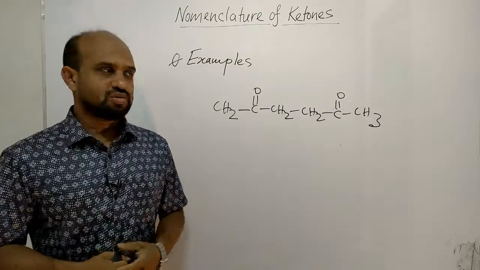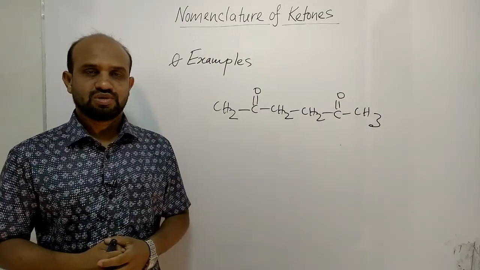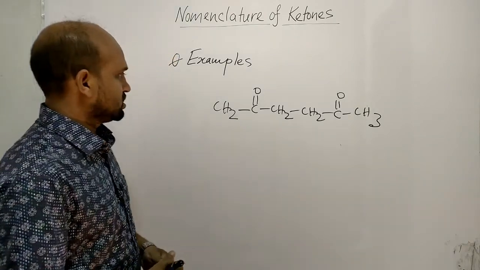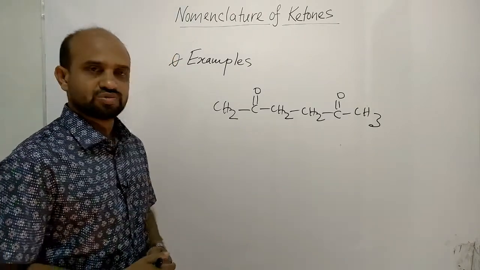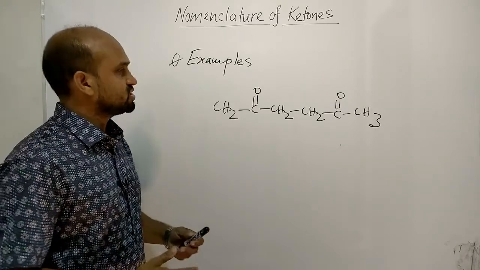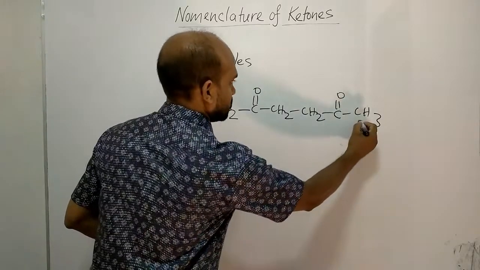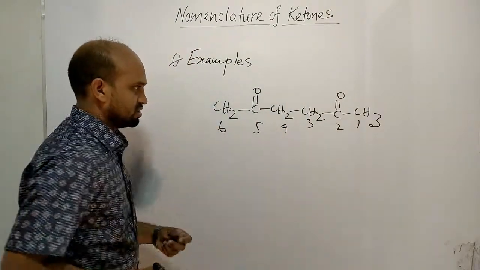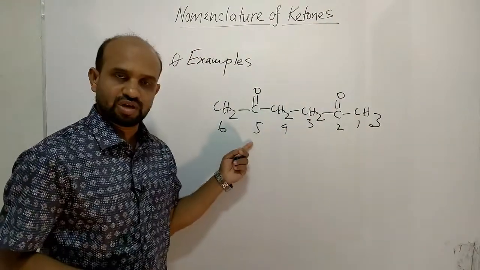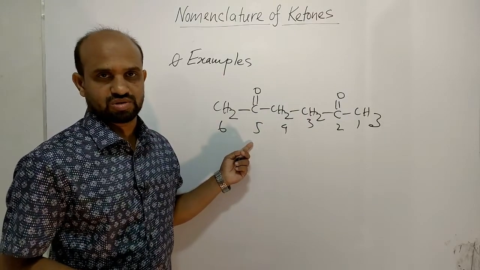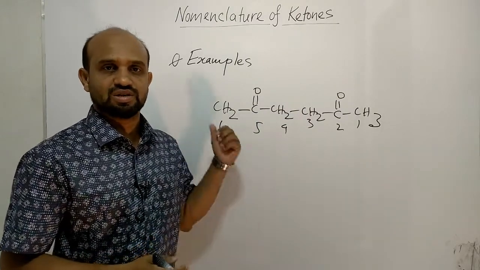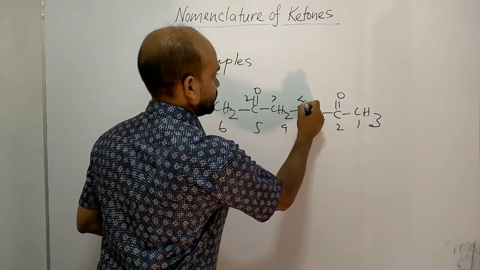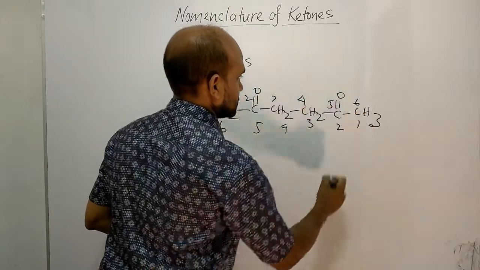The point is now examples. Let's say the name of the first example. This is the compound. Here carbon atoms are numbered. If it is numbered from the left, then 1, 2, 3, 4, 5, 6. Carbon 2 and carbon 5 are carbonyl carbons. And if it is numbered from the right, then 1, 2, 3, 4, 5, 6.